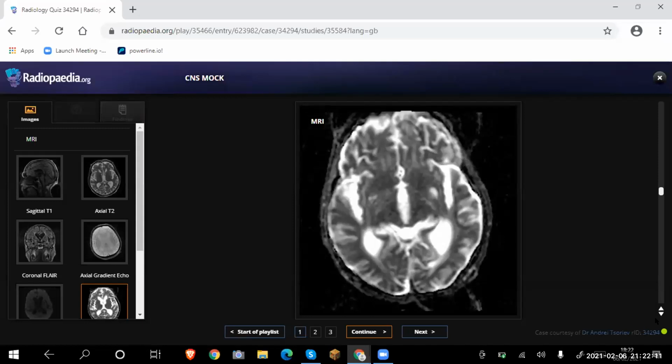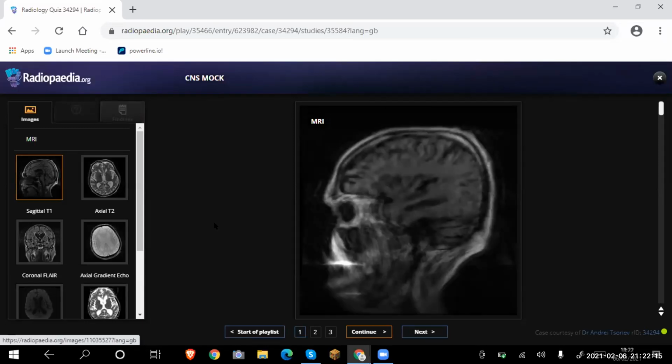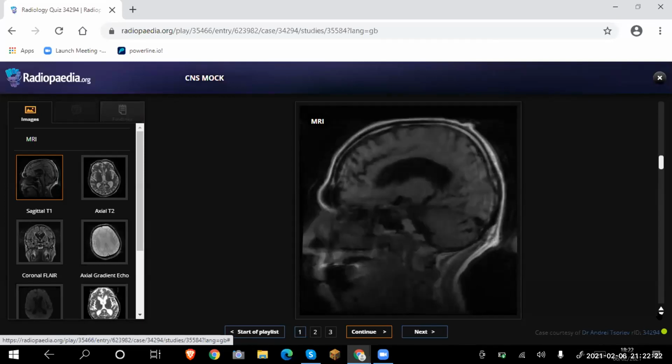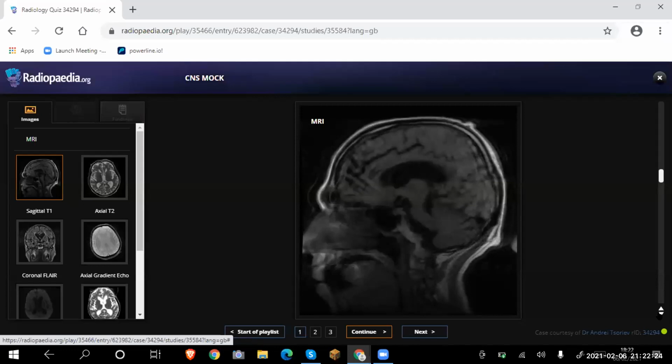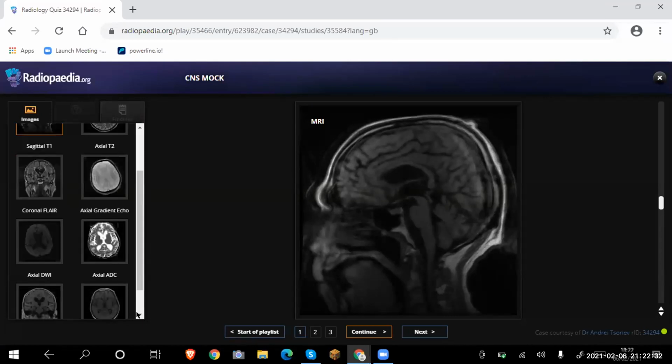It is triangular in shape. So I need to look at the sagittal. Maybe I can find something obstructing the pathway of CSF. I don't see anything here. Maybe other sequences will help more.